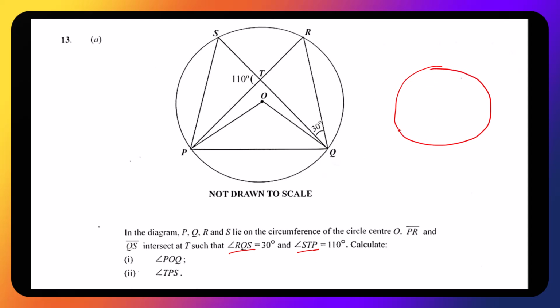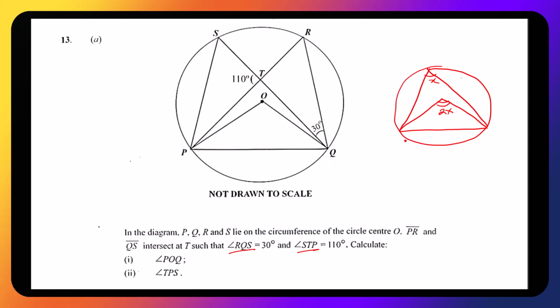If this is a chord, and I form an angle at the center, and on the same chord we subtend this to the circumference, the angle at the center is double the angle at the circumference. If this side is x, this side will be 2x.